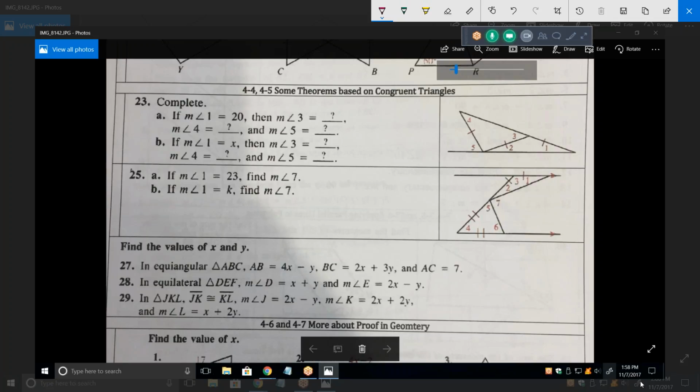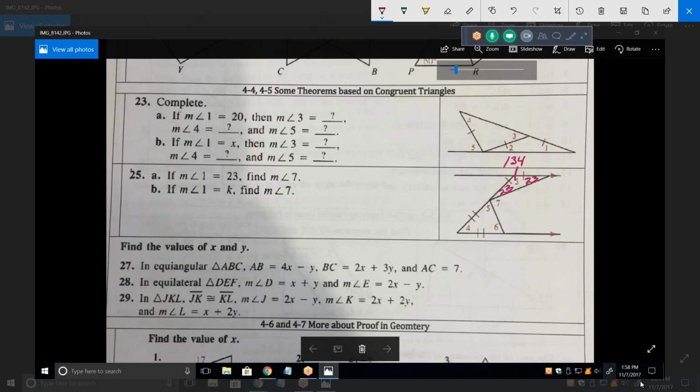This, again, is going to be one of those problems where you just fill in everything you know. Okay? That's 23, therefore that has to be 23. Yep. Therefore, this angle 3 has to be 134.